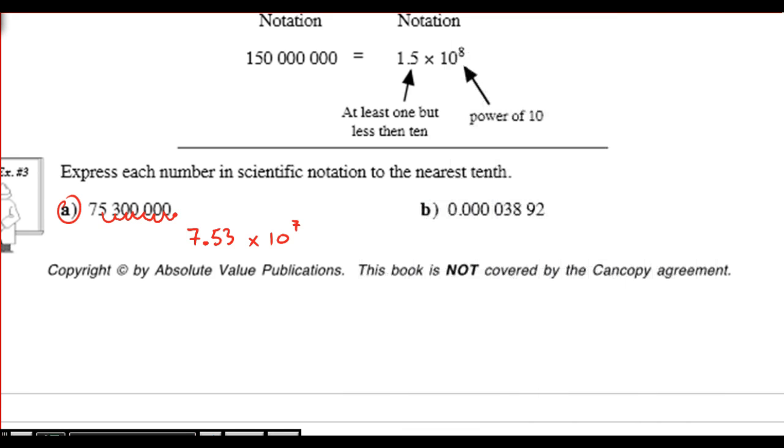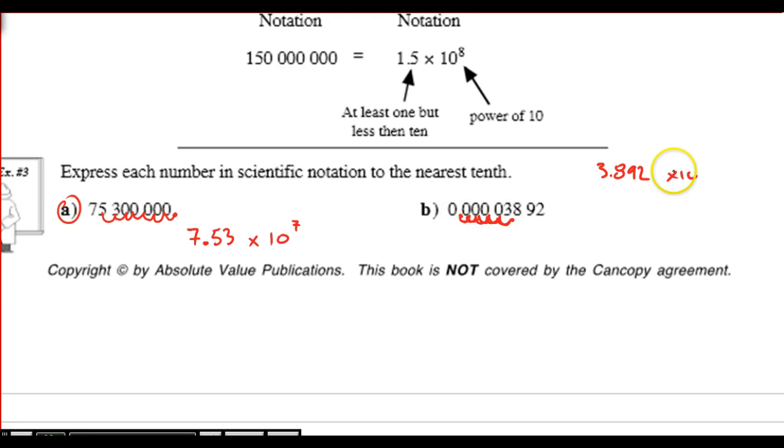Okay, so it also works for really small numbers, like this 0.00003892. I'm going to find the first digit here and place my decimal right there. So it's going to be 3.892, and again, I count how much my decimal has moved over. 1, 2, 3, 4, 5.